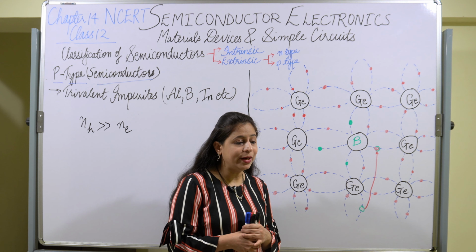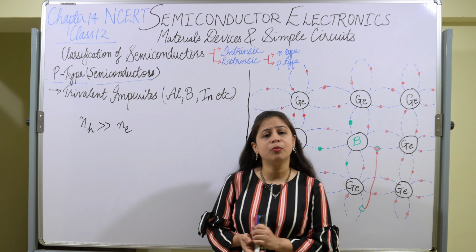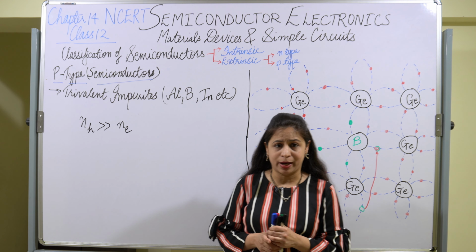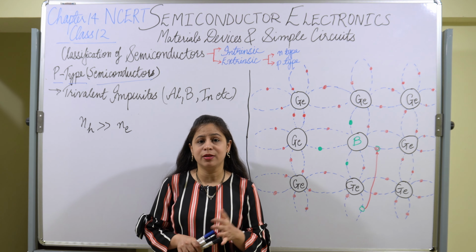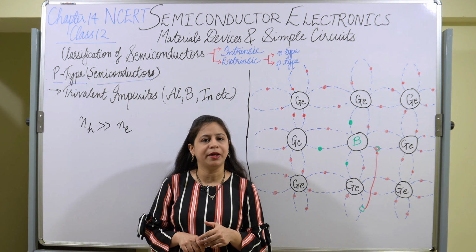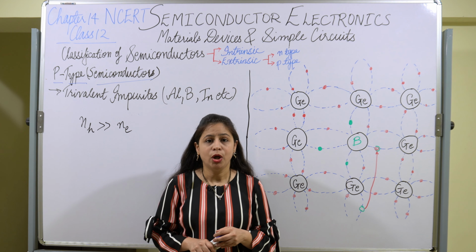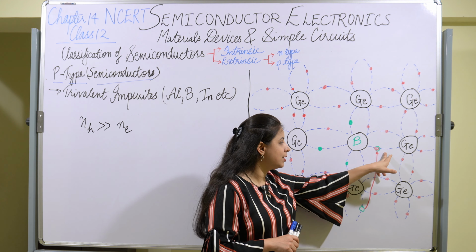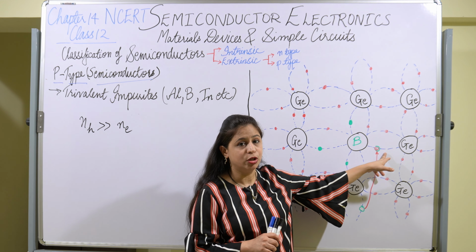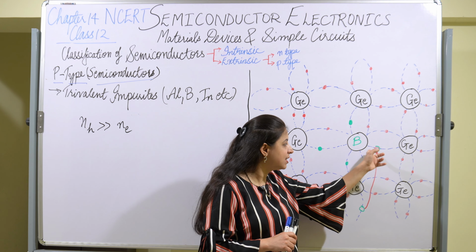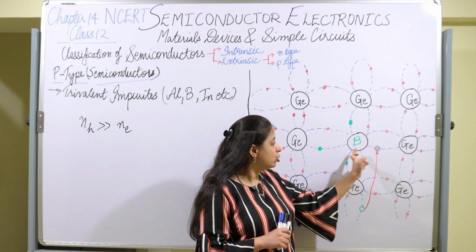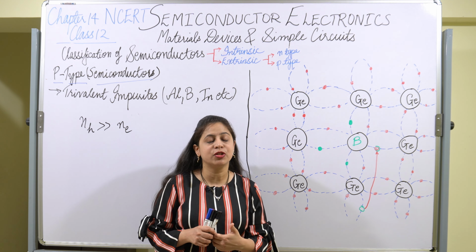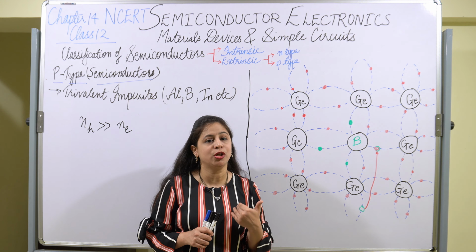Now let us see how the bands are formed in this crystal, the valence band and the conduction band. And one more energy level is there, that is the acceptor energy level, because there is a vacancy. This impurity creates a vacancy, and this vacancy can accept an electron. So this type of impurity is known as the acceptor impurity, and the energy level which it forms is the acceptor energy level.